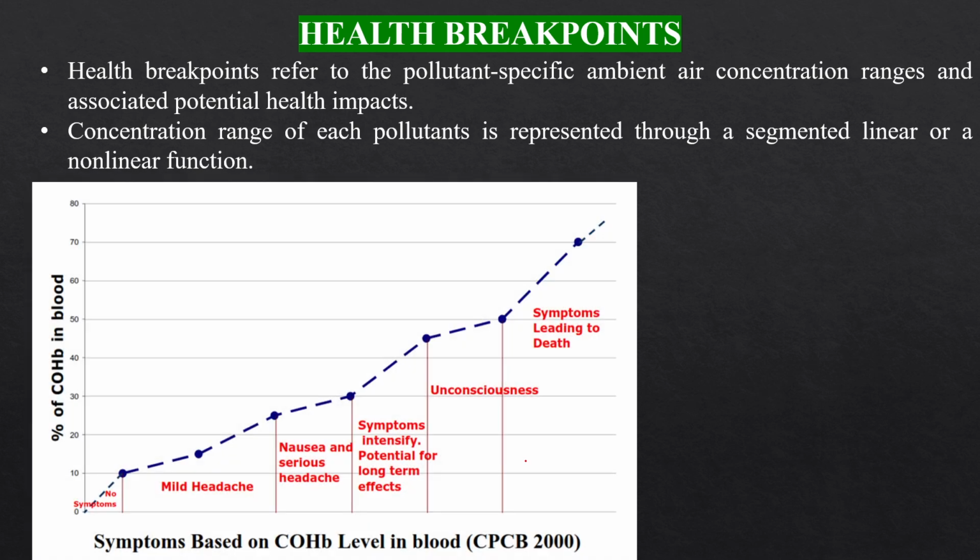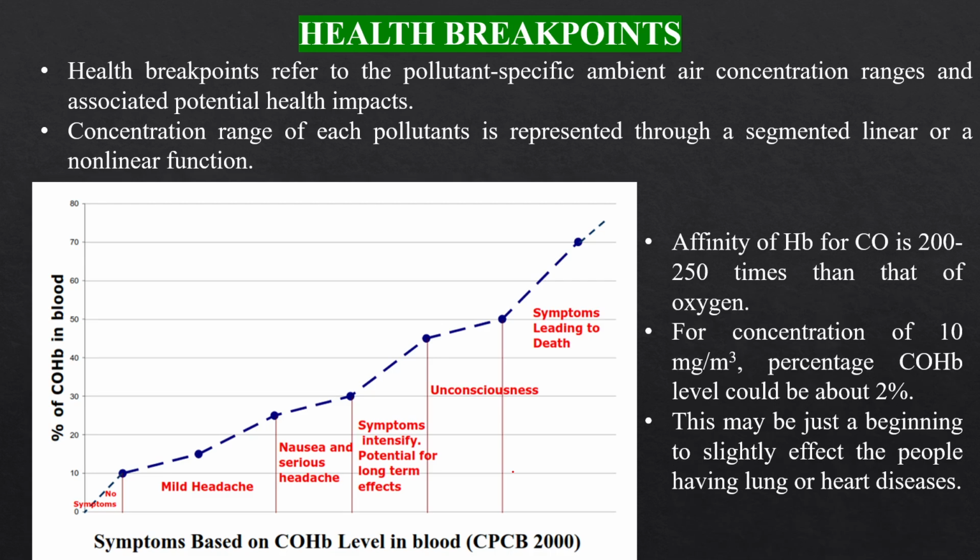So here you can see the percentage of carboxyhemoglobin in blood and respective symptoms is given, and we know that the affinity of hemoglobin for carbon monoxide is 200 to 250 times that of oxygen. For a concentration of 10 milligram per meter cube, the carboxyhemoglobin level could be about 2%. This may be just the beginning of slight effects, affecting people having lung or heart disease.